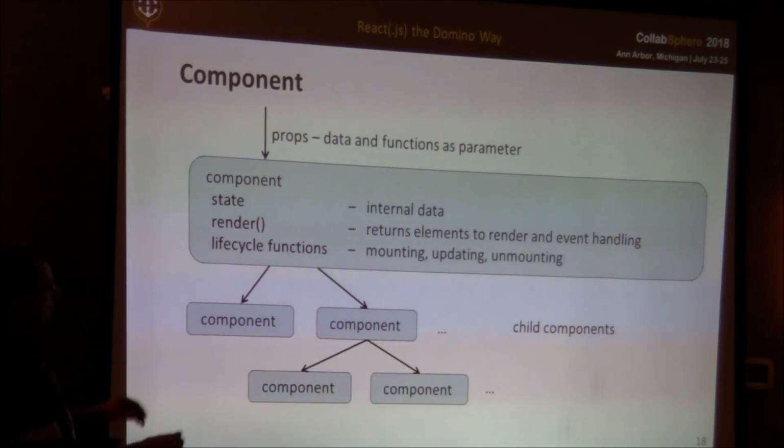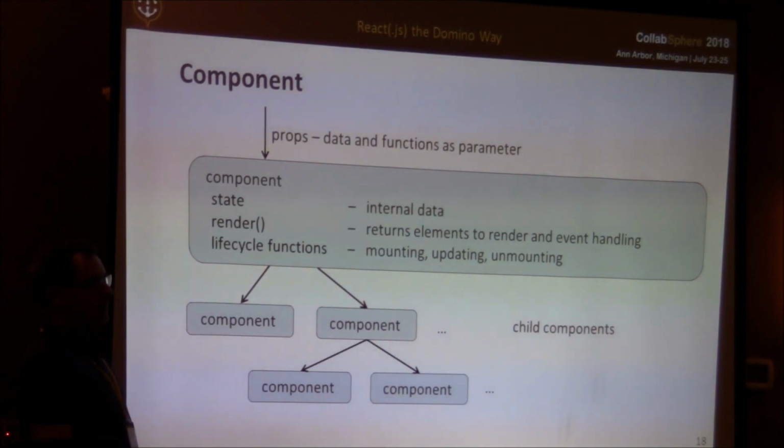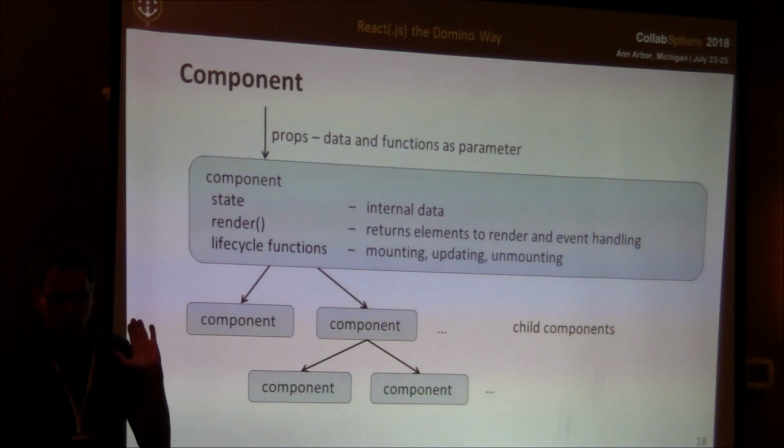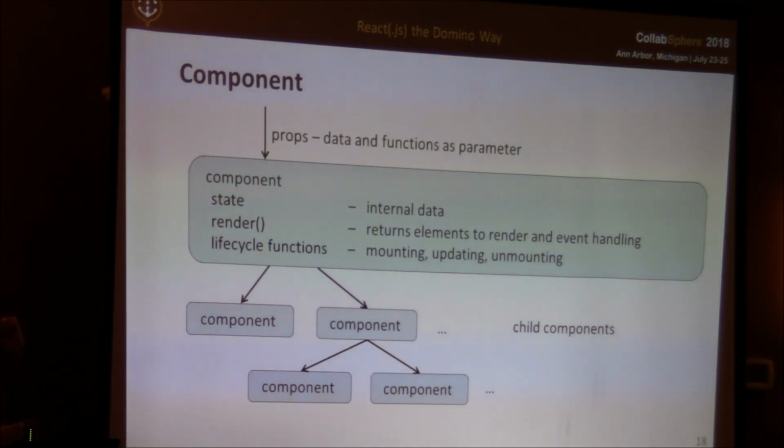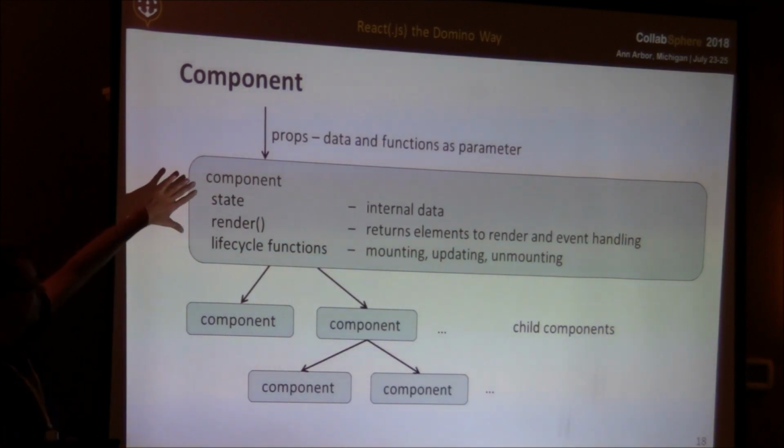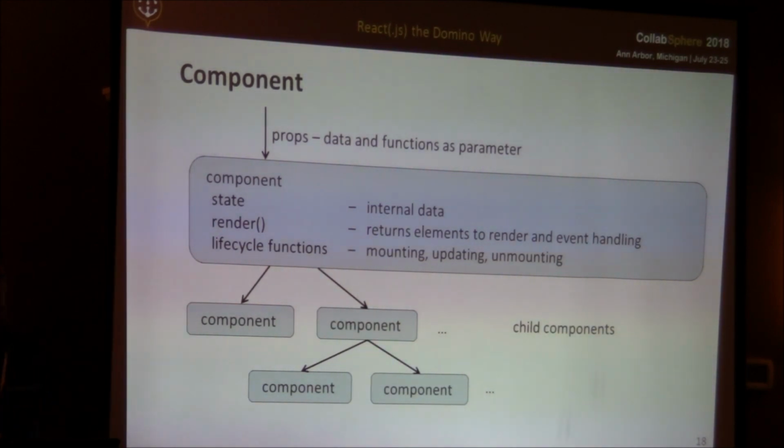Okay, we saw these little boxes, which are the components, and each component gets properties, which are data or functions. And within the component, it can have a state. That means it can hold internal data inside the component and keep it as long as it lives.